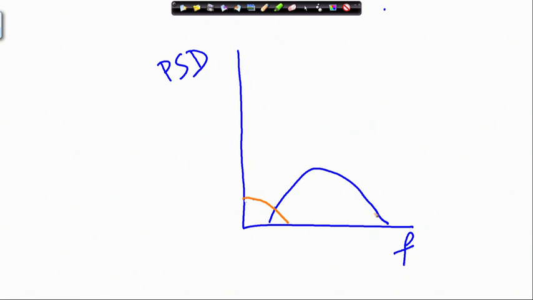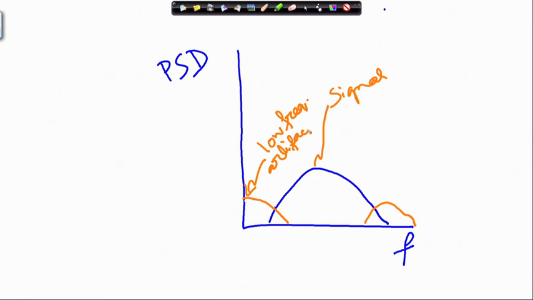And here the high frequency side. This is for the signal, this is for the low frequency artifacts, this is high frequency artifacts, and we can have one contribution of the power frequency.